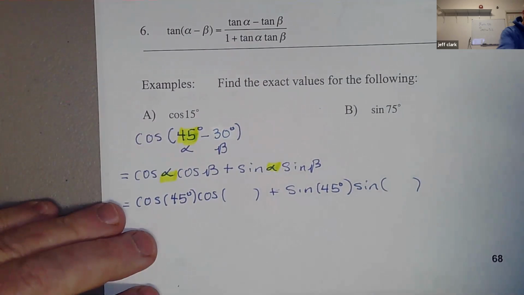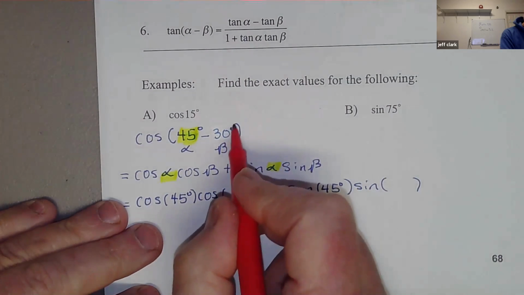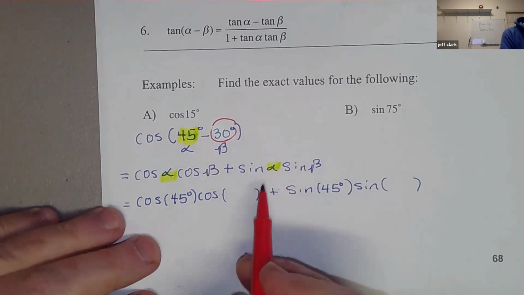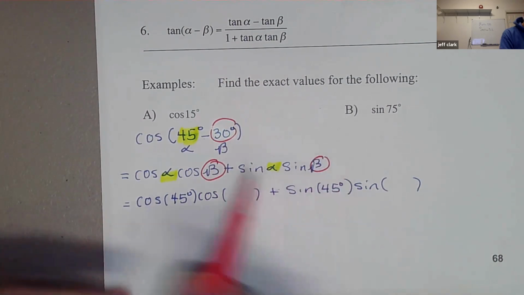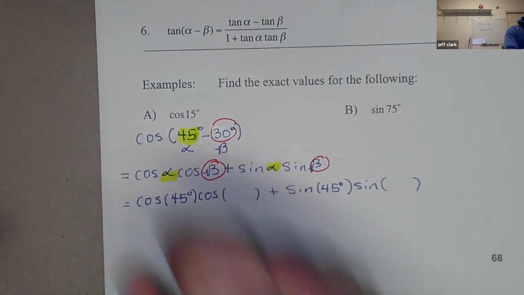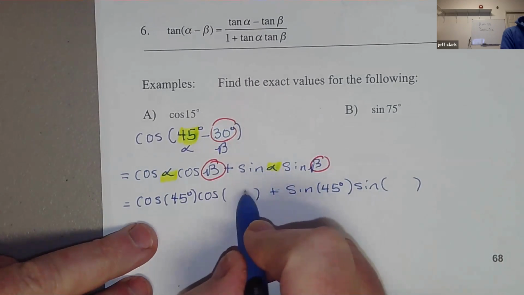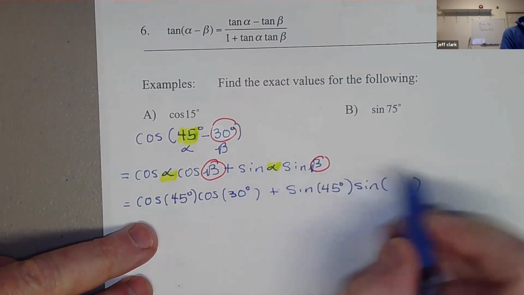All right, now, beta is right here. Forget the negative sign. Beta is right there, 30 degrees. It's going to go here and there. So that's 30 degrees. Don't forget your degree marker.